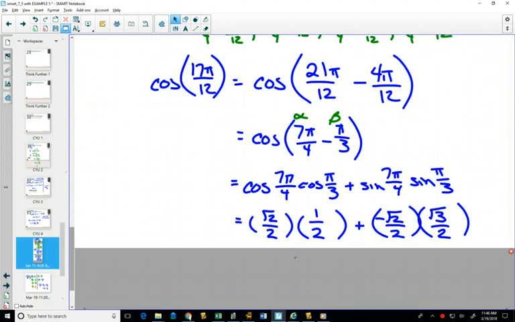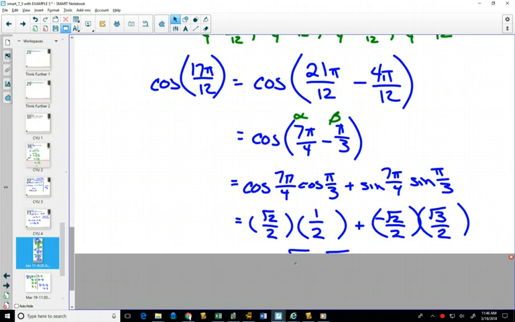Now, cos of 7 pi over 4 is in quadrant 4, so it stays positive root 2 over 2. Cos of pi over 3 is in quadrant 1, it's going to be a half. Sine of 7 pi over 4 is in quadrant 4, and sine is negative in quadrant 4, so that'll be negative root 2 over 2. And sine of pi over 3 is positive because it's in quadrant 1.